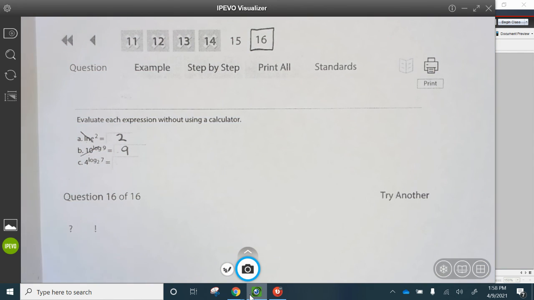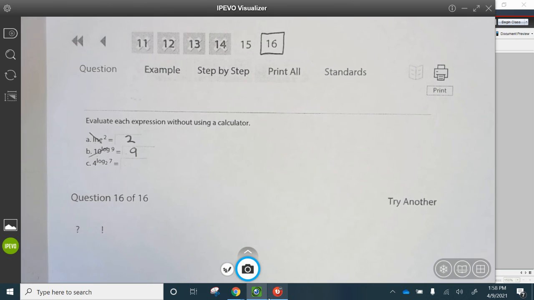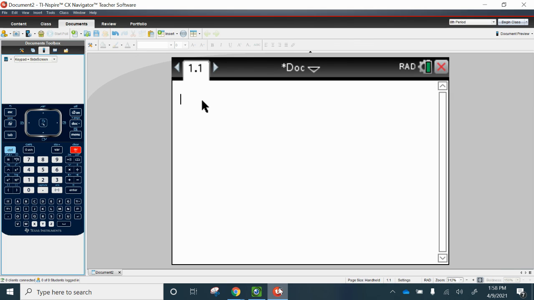Now let's verify those. Control natural log of control, not control, sorry, E to the 2, you can see we get 2.